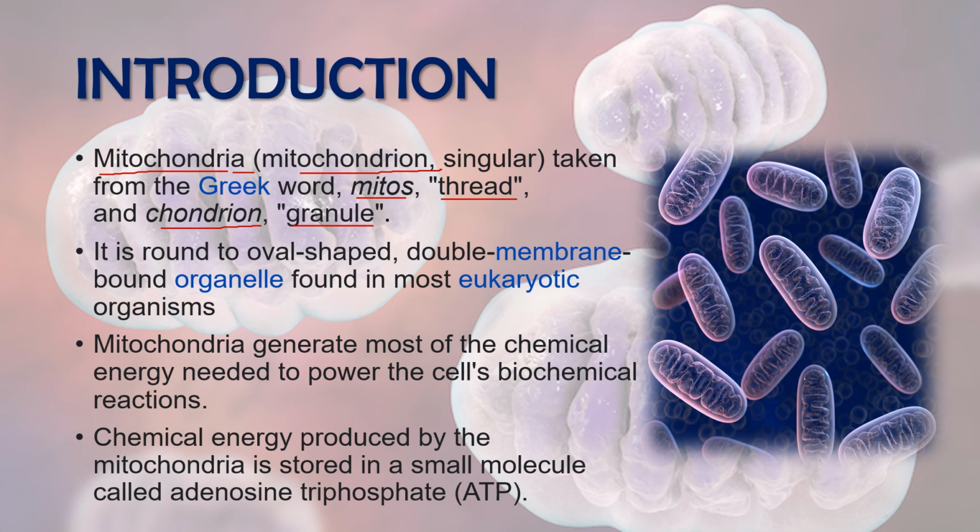Inside the cell, the mitochondria look like granules, thread-like granules. Suppose this is our cell, and at the core the nucleus is present, and there are some other organelles, ER, endoplasmic reticulum, Golgi apparatus.